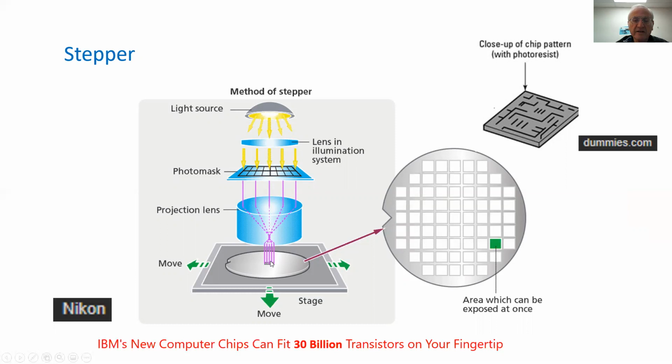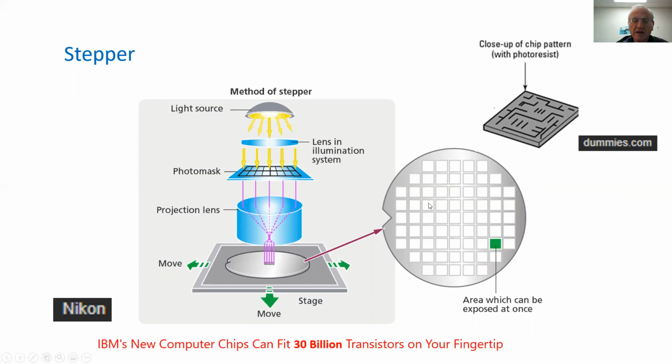This is reflected on the silicon wafer, which contains millions of transistors, and mimics the pattern that was shined over here with the light through the photomask. Then the stepper moves, and as it moves, it prints all these various chips, which are identical to each other.